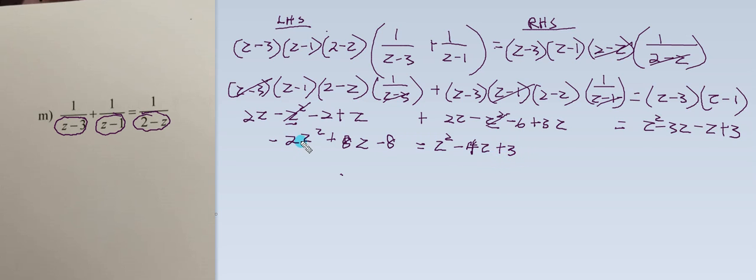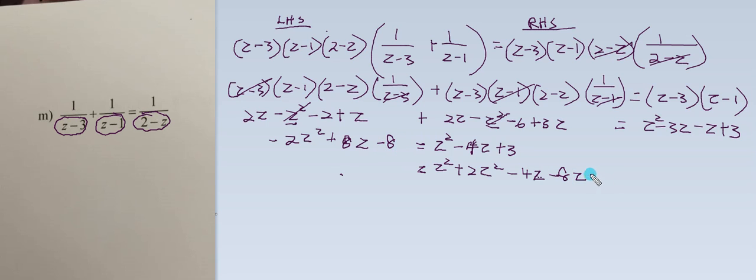Now, you've got a negative z squared on one side and a positive on the other, so it is advisable to bring it over here. So it's z squared plus 2z squared. Now the 8z, bring it over. Originally minus 4z, then bring over becomes minus 8z.